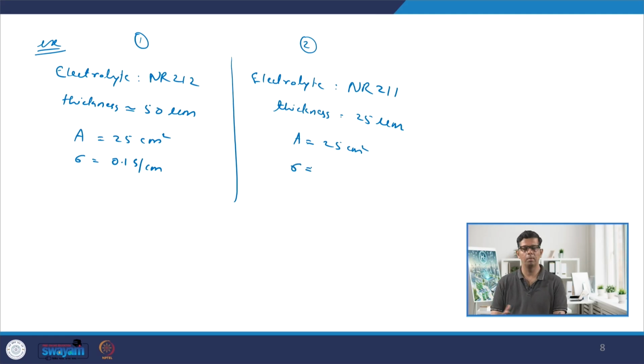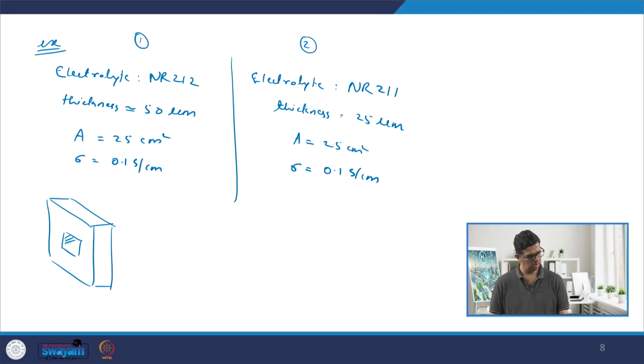Since it is the same polymer that is being used in both of the electrolytes, the conductivity will also be same. So, what we have here is area 25 centimeter square, thickness L, which is 50 microns, and conductivity is 0.1 Siemens per centimeter.